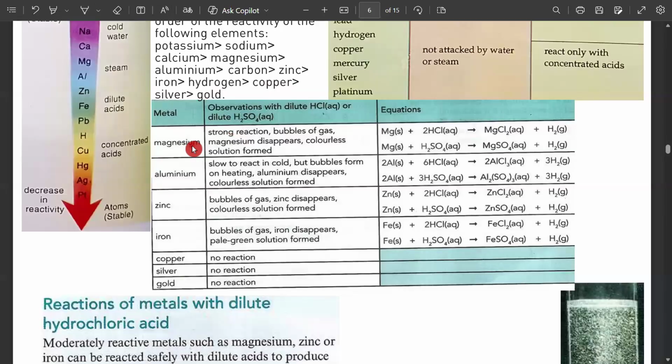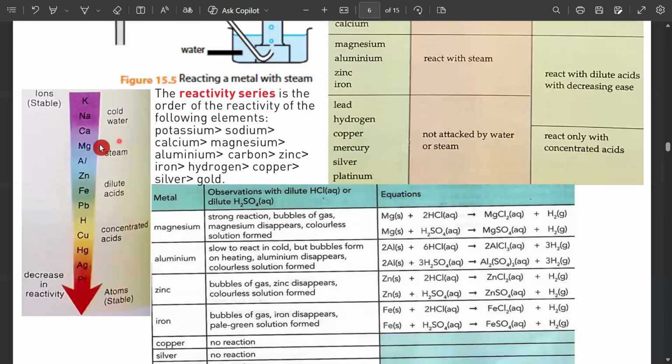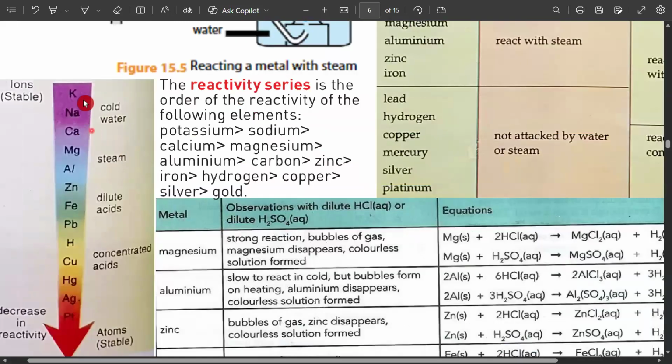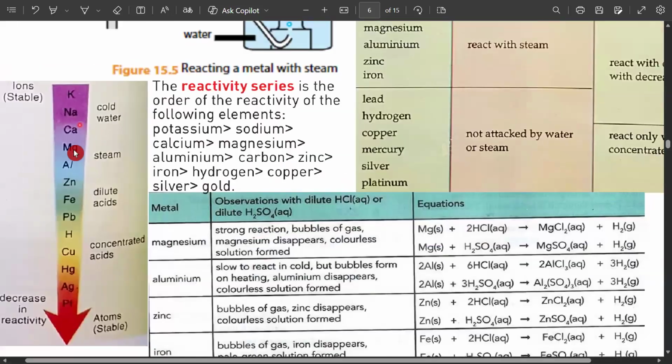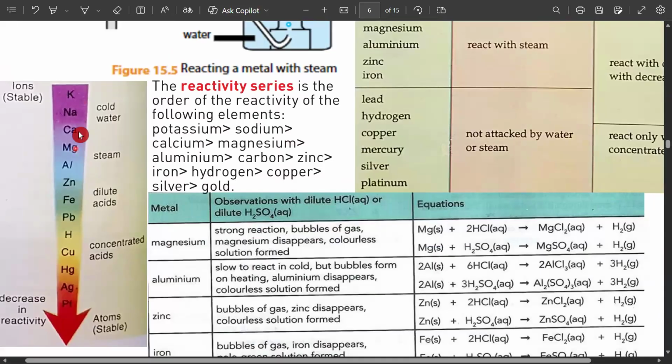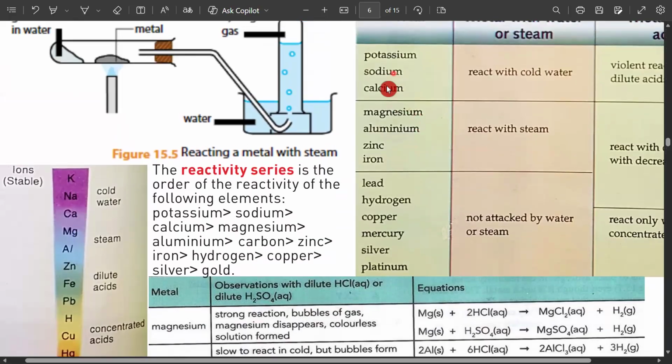Here is the table. More reactive than magnesium are calcium, sodium, and potassium. Calcium, sodium, potassium are the three elements which have higher reactivity than magnesium.